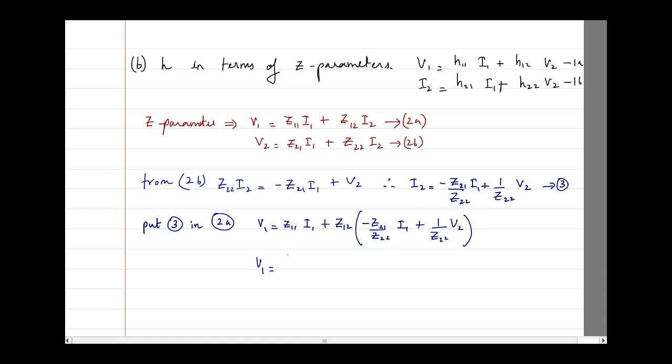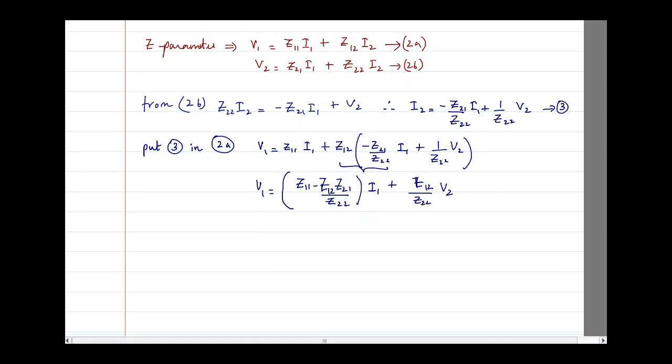So V1 is equal to Z11 minus Z12 Z21 divided by Z22, this whole term into I1, plus Z12 divided by Z22 into V2, correct?